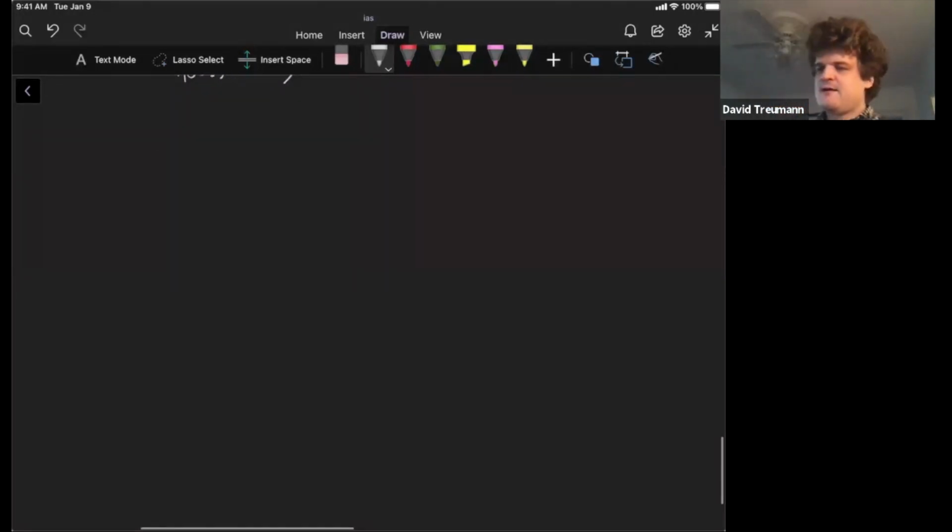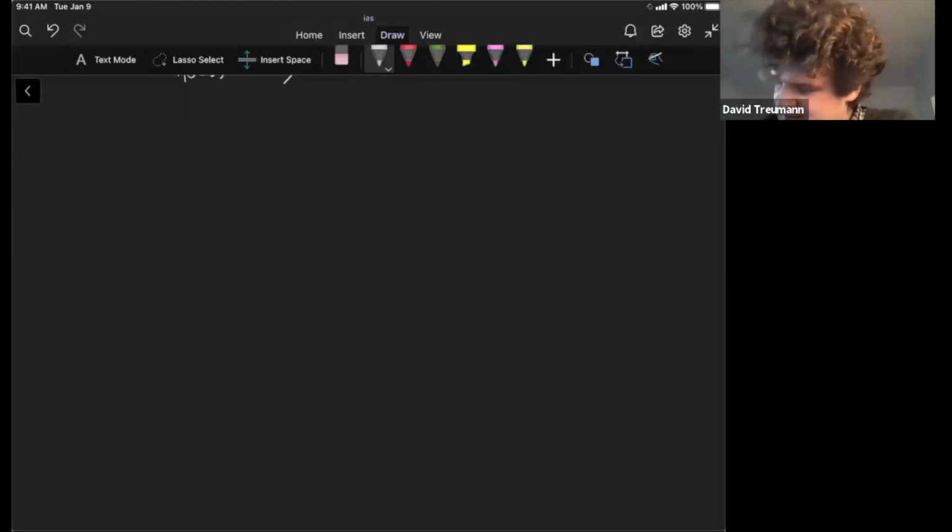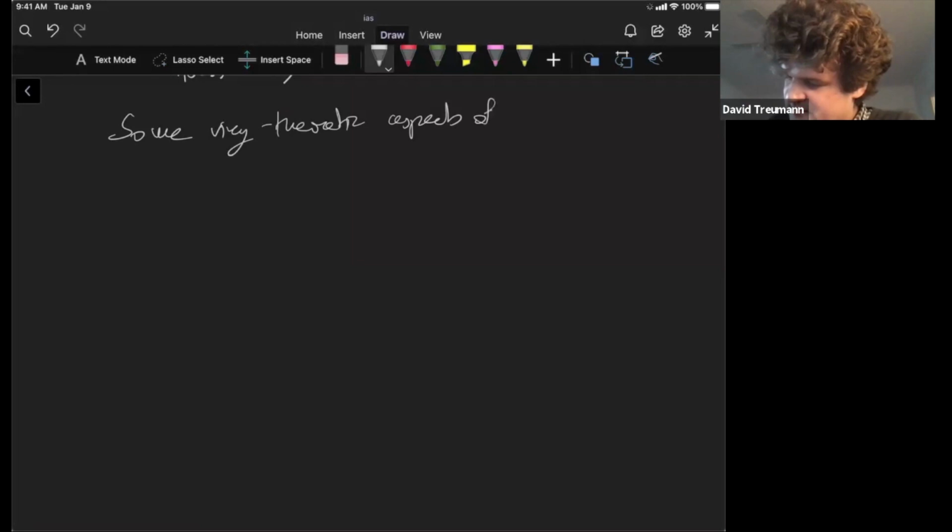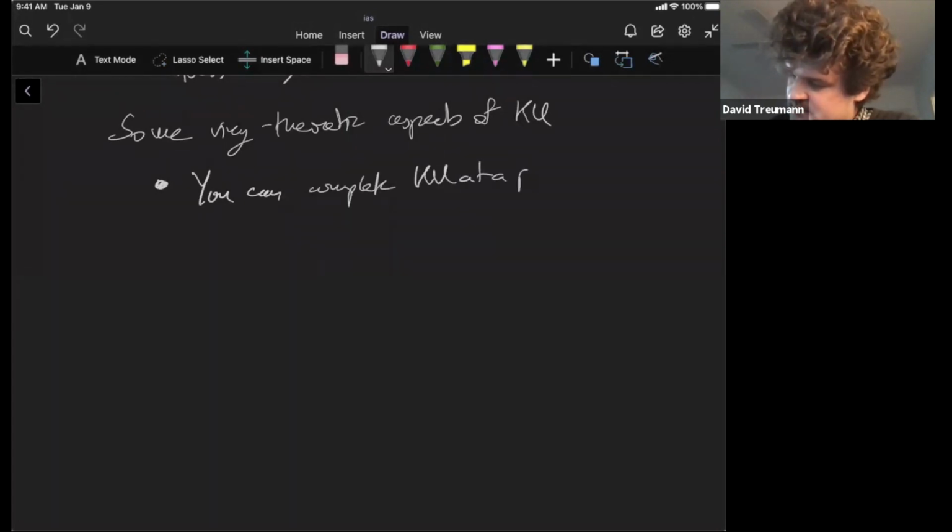So here are some ring theoretic aspects of KU, before going on. One of them is that you can complete KU at a prime. You get something I'll call KUP.